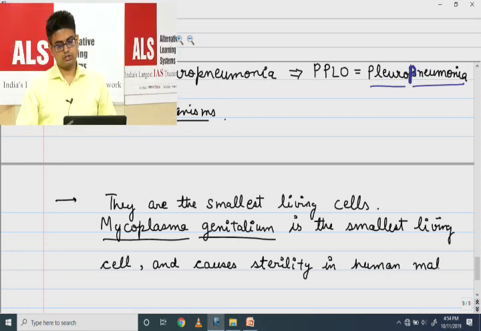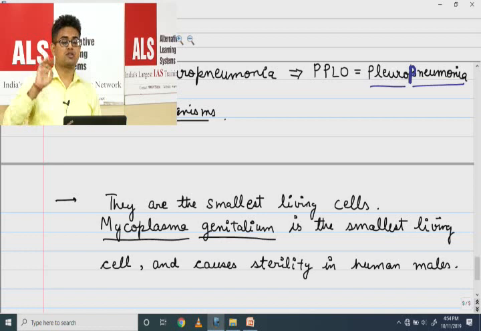It is responsible for causing sterility in males with immunocompromised condition. Weak immune system people can suffer from this. So this has been discovered to be the smallest living cell in all the living organisms. If a question is asked in general, you can say mycoplasma. If among mycoplasma, then this is the smallest living cell among all the organisms on earth.